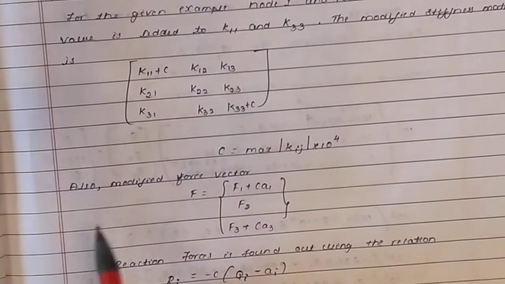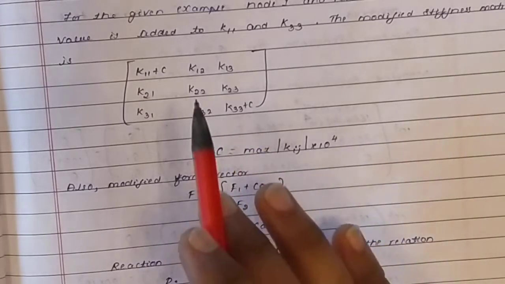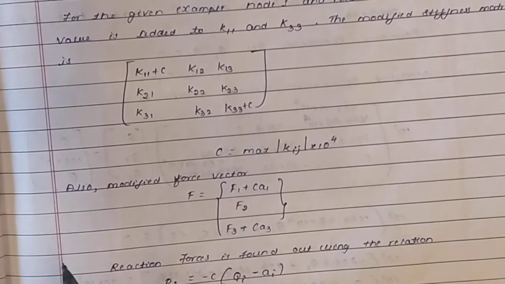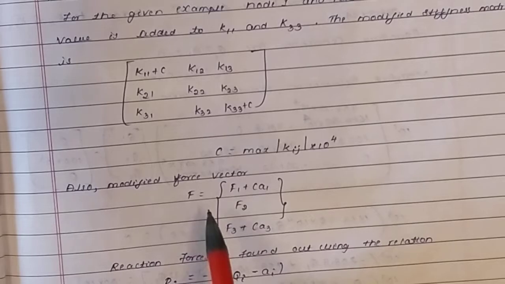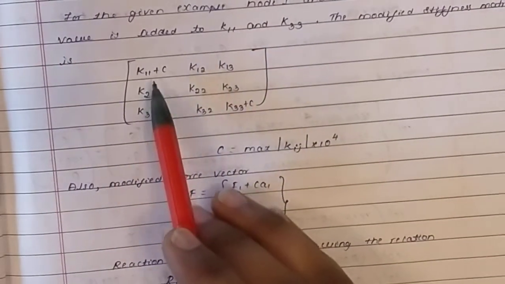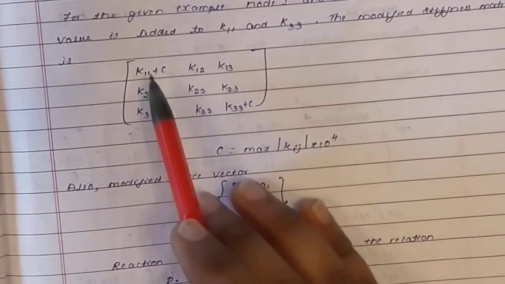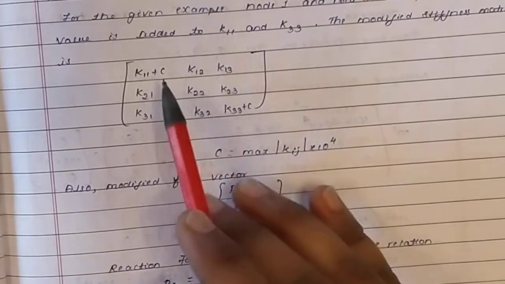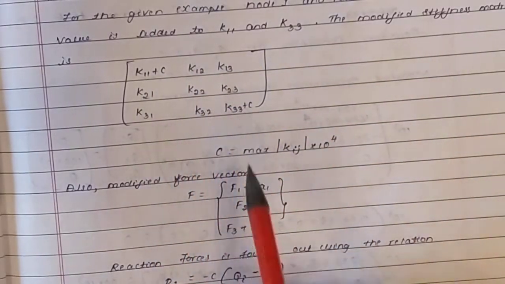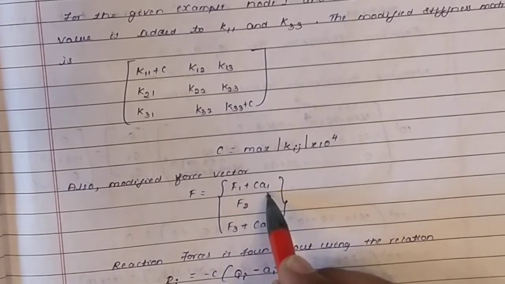Next, the modified force vector. When the stiffness matrix is modified in the penalty method, the force vector also modifies. Wherever you add the penalty value C, for that row the F value changes. F1 plus C into A1.